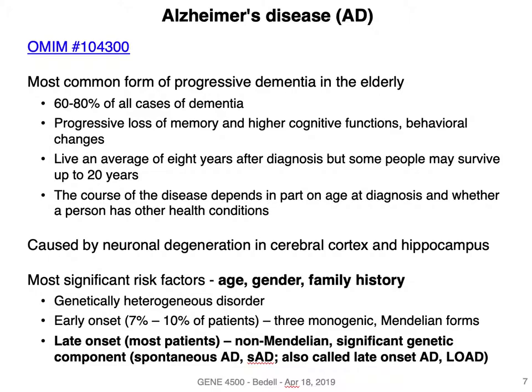Now, age, gender, and family history are the most significant risk factors. I told you that just less than 10% of the patients with Alzheimer's have one of these three possible mutations.